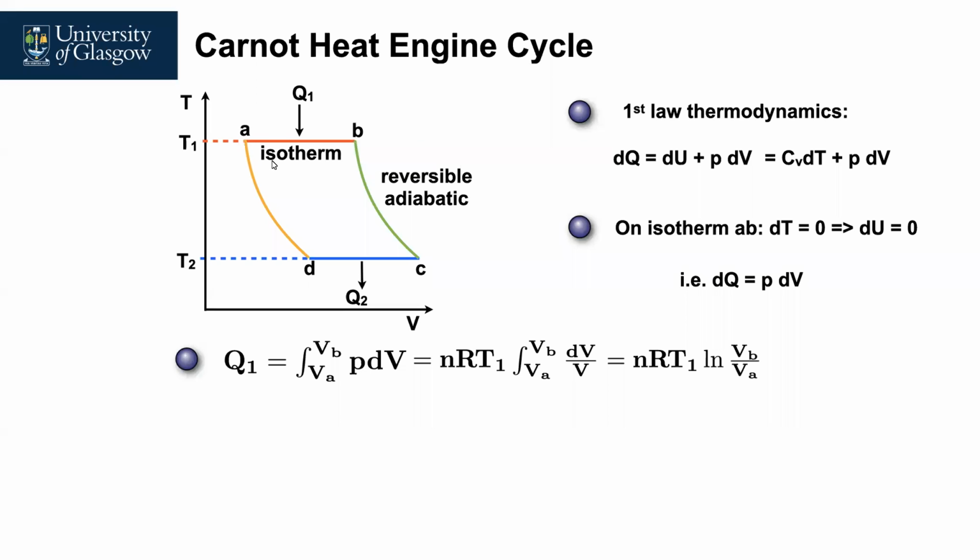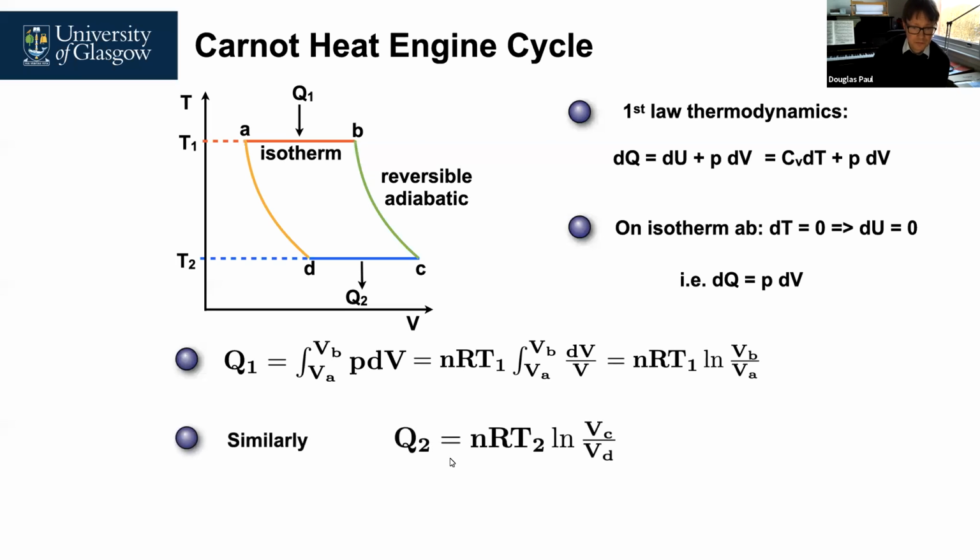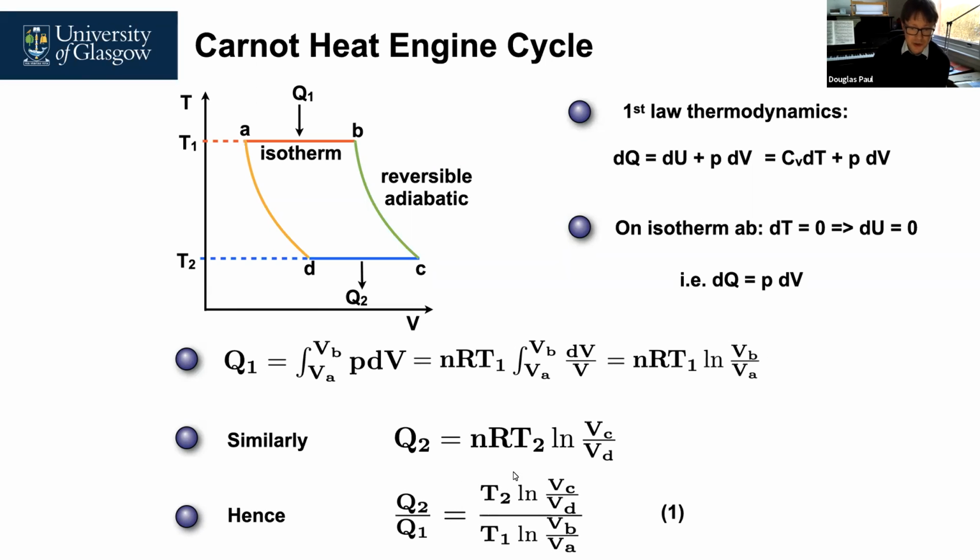Now we can do the same for Q2 going along C to D, and we end up through the same process. We get Q2 equals nRT2, because it's T2 down here, times the log of VC over VD. So if we look at Q2 over Q1, which is what we had in our efficiency equation on the previous slide, if we divide Q2 by Q1, we end up with this equation.